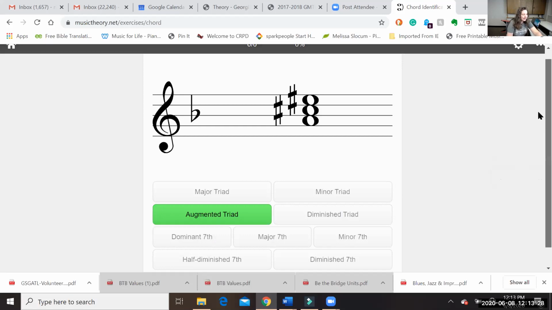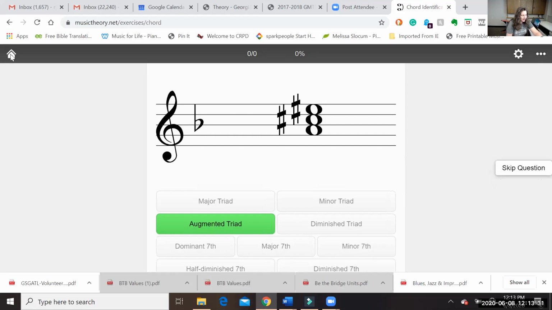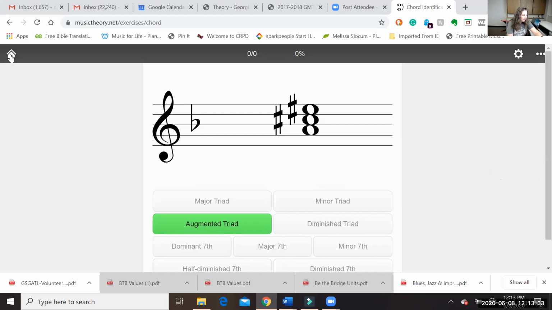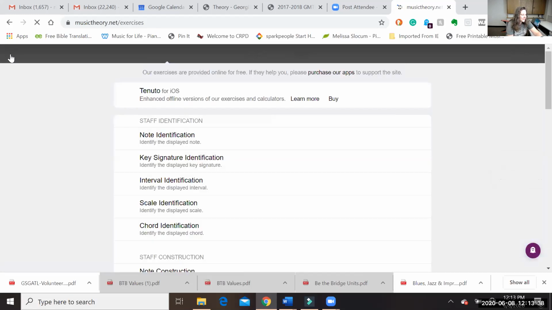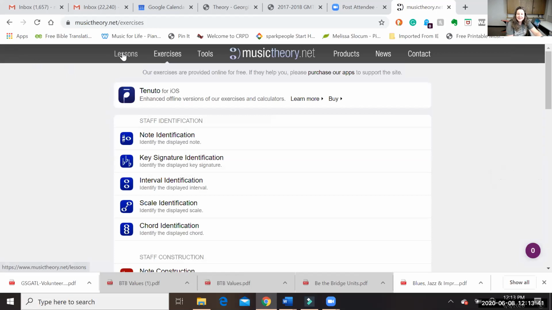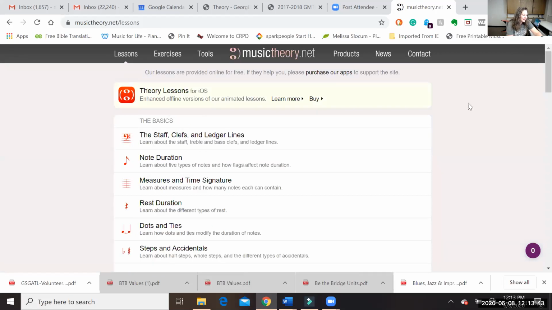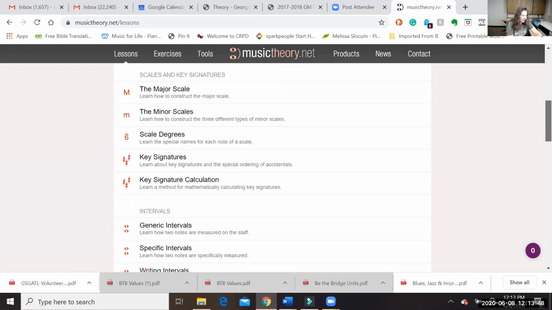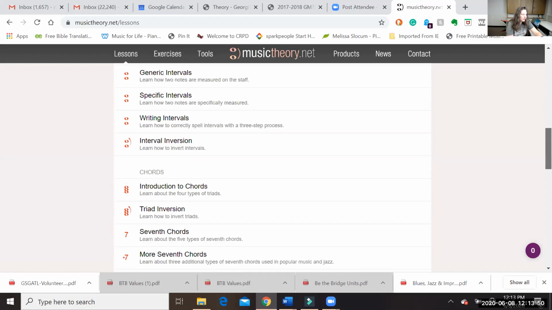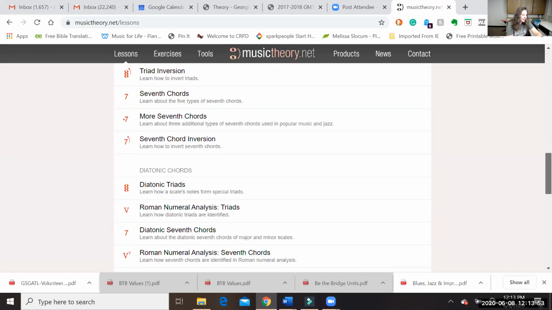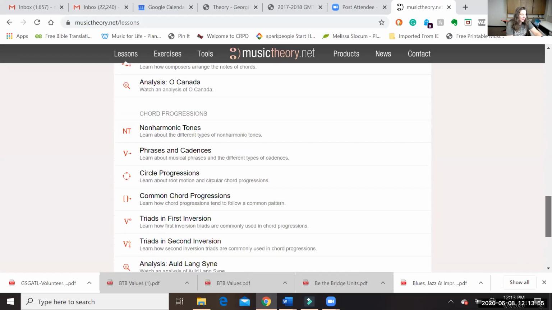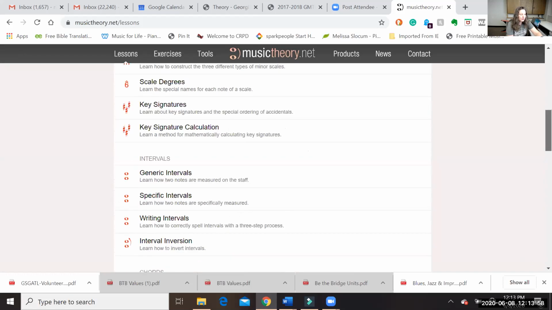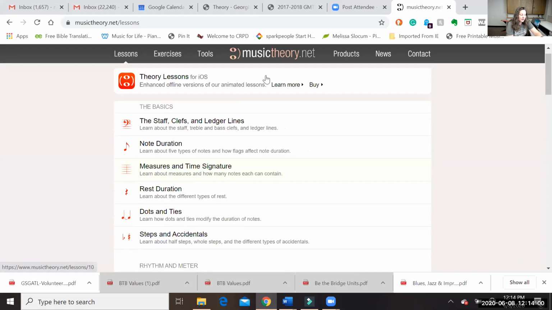If you need to go back and learn some things music theory related, you're going to go back to the home screen and you go to lessons. And in lessons, you will be able to select all sorts of topics: intervals, chords, inversions, all sorts of things. And if you find what you're looking for, you can go in and actually view one of those videos, and that will help you out a great deal.